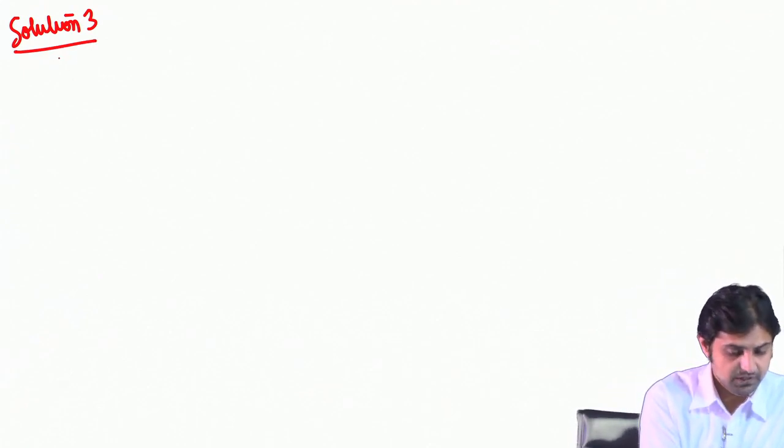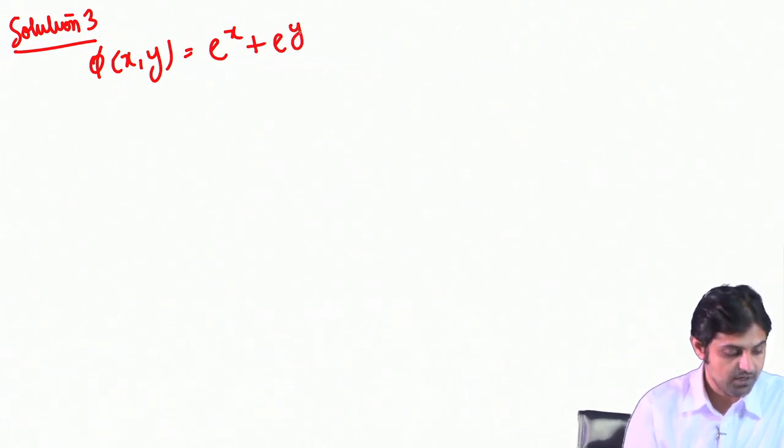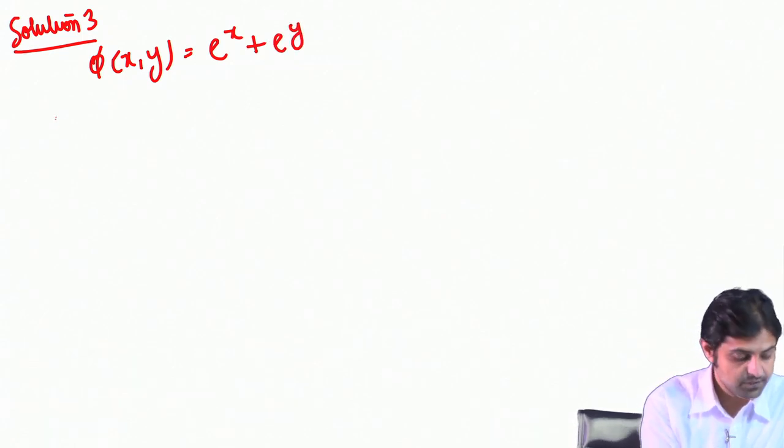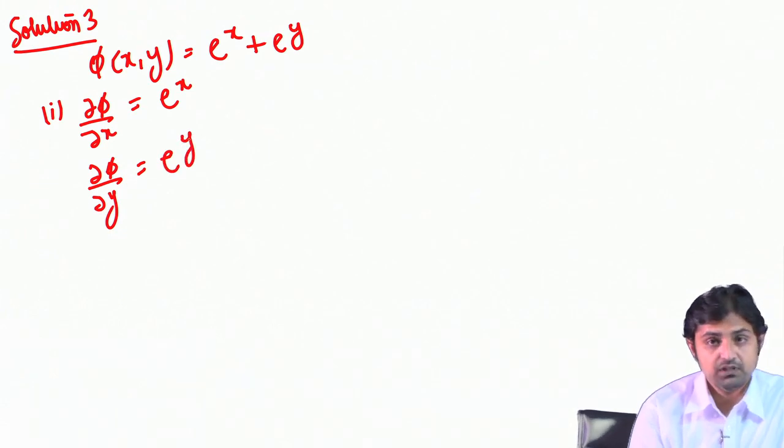So what we know is that the function phi x comma y has been given as e to the power x plus e to the power y. So for the first part, we should be able to calculate del phi del x will be e to the power x, correct, and del phi del y is going to be e to the power y, simple partial differential.